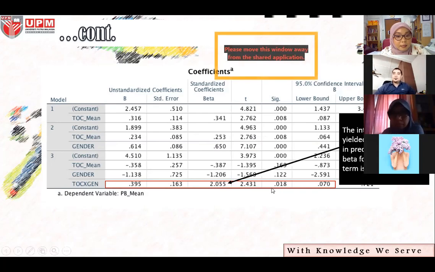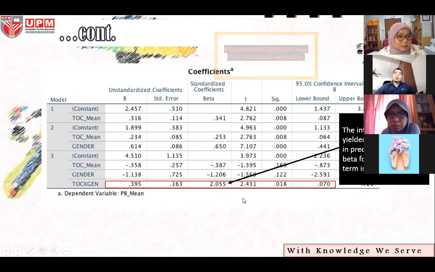The significance value is 0.018, still lesser than 0.05. If we use 0.01, it is no longer significant, but when we use 0.05, it is still significant. The interaction term yields a significant beta in predicting PB. The beta for the interaction term is 2.055. So the interaction effect is significant.